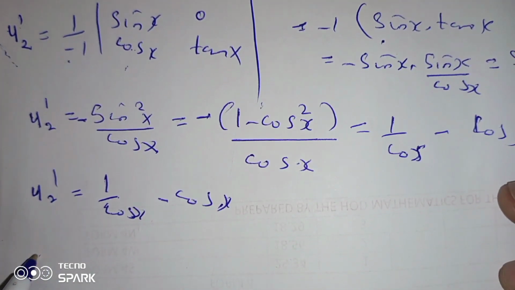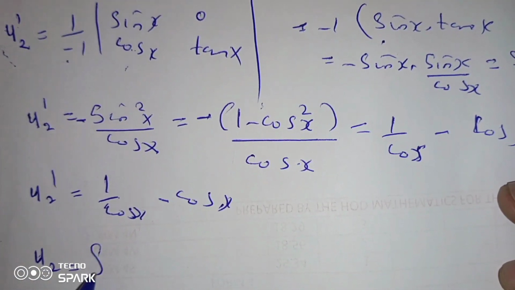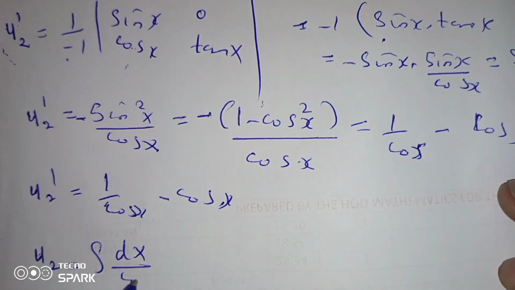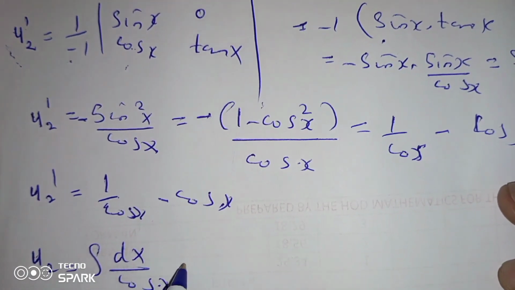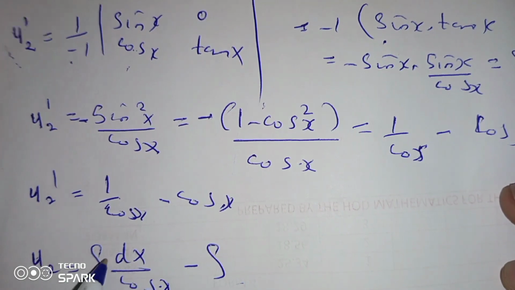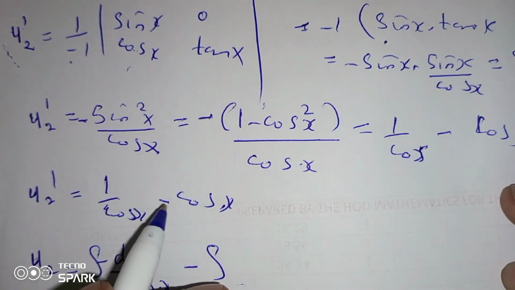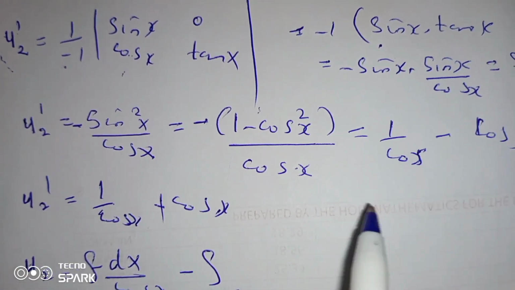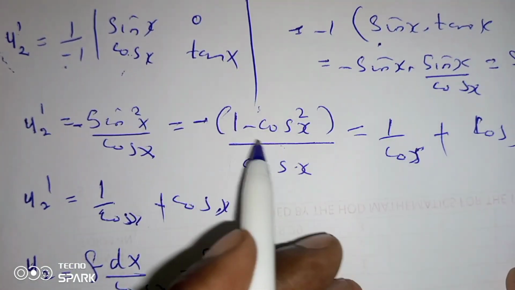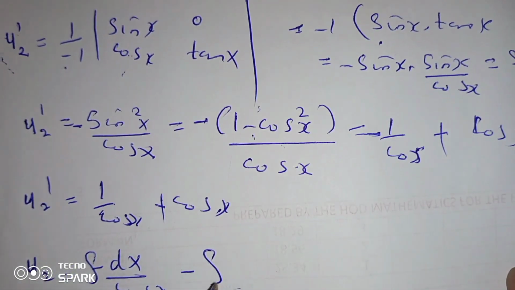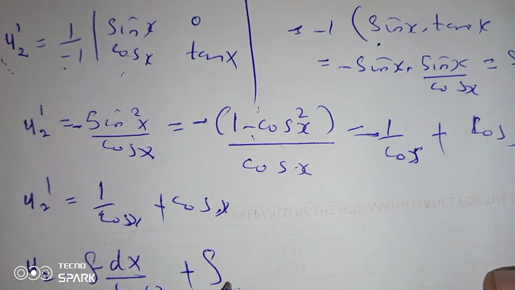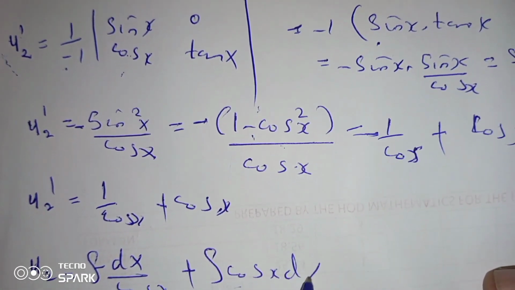So to get u2 we integrate. So u2 is equal to integral of dx over cos of x minus integral of, even this one is negative, this one will become plus because of this negative here and here negative. So plus cos of x dx.